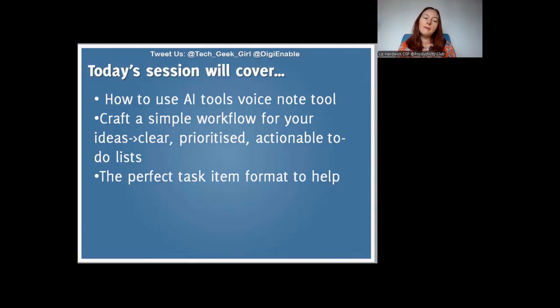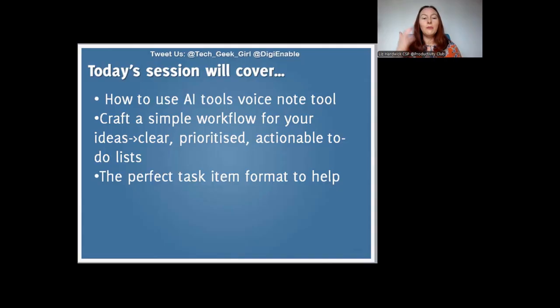We're then going to create a bespoke, simple workflow for you. What works for you? What systems? Going from your ideas, your thought dumps, your just getting your voice down onto paper, your ideas down onto paper. We're going to use that in a digital way. And then also I want to share with you the perfect task item format, because this will help you whether you decide to use an AI assisted tool or not.